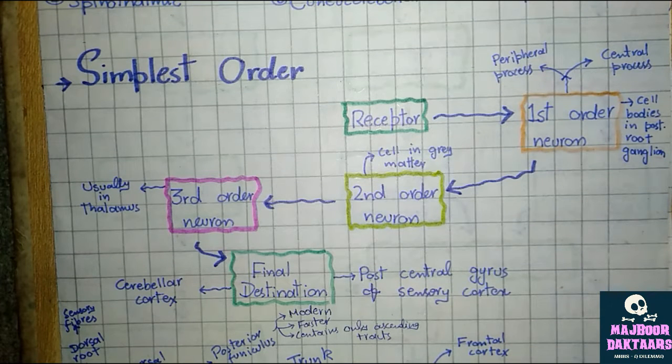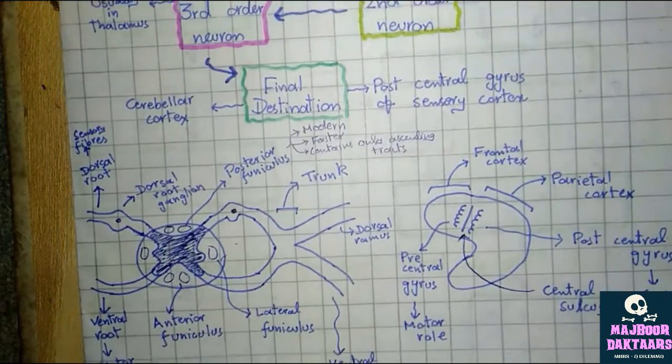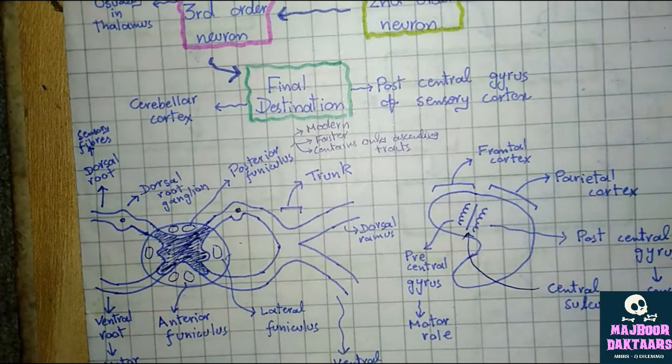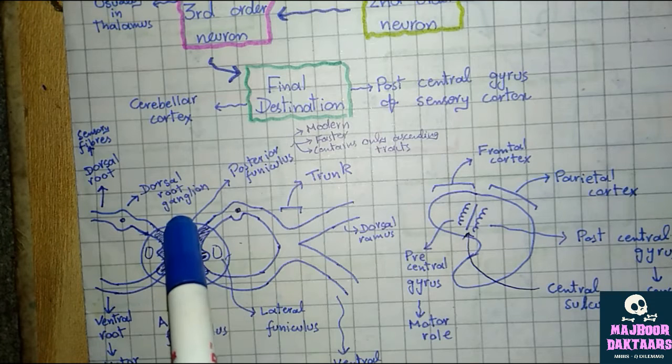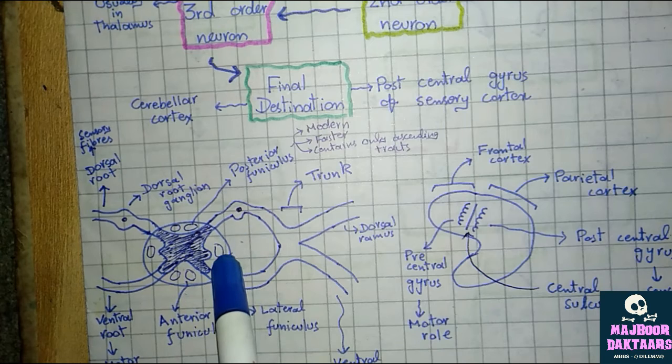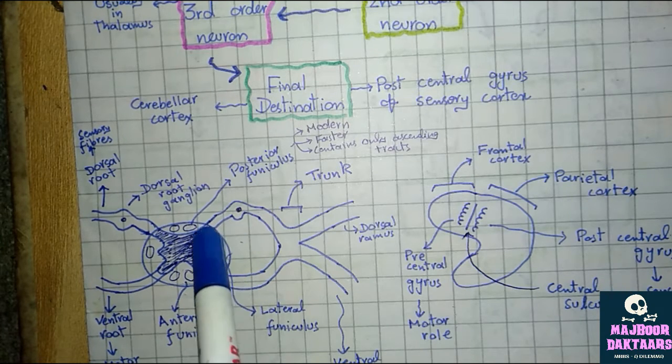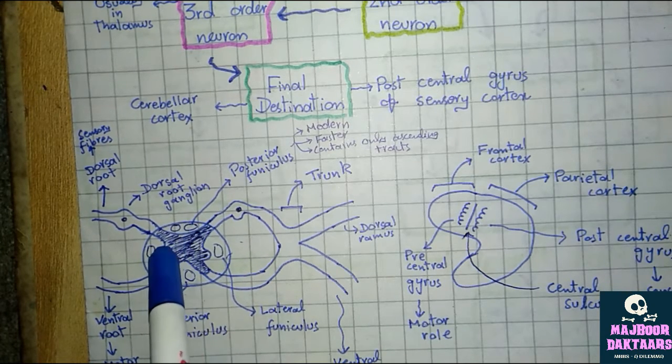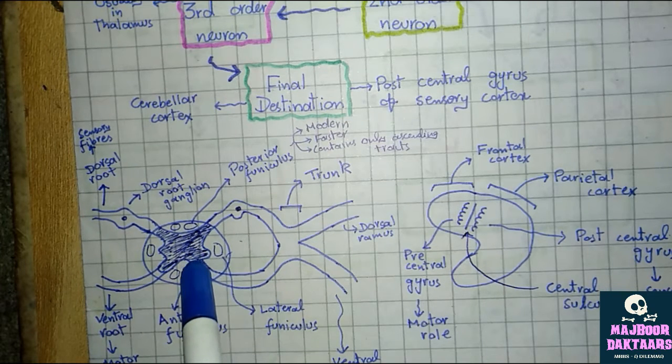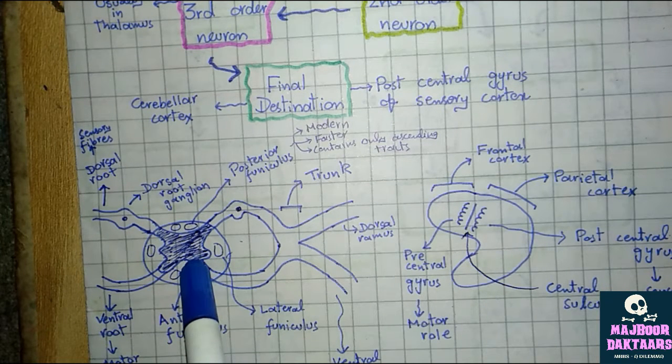Now, before starting, we need to clarify some structures of human neurology. First of all, this is a spinal cord. It is divided into a dark gray matter and a white matter. The gray matter contains the posterior horn, the lateral horn, and the anterior horn, containing a collection of cell bodies.